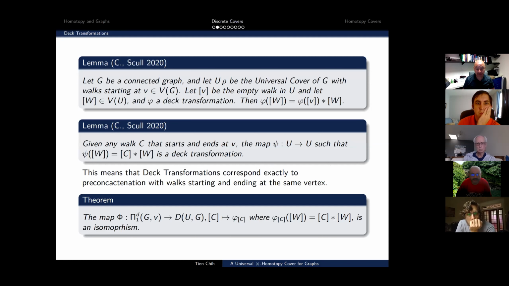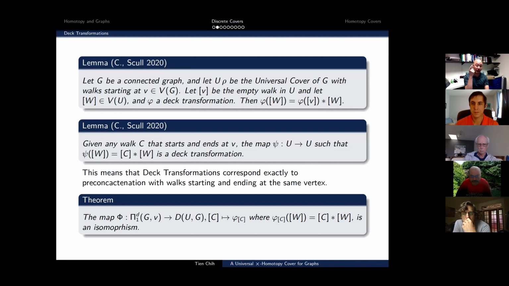And so I'm just going to summarize this slide here. The deck transformations are totally classified by walks that start and end with themselves. So every deck transformation can be expressed as precomposition with a walk, or pre-concatenation with a walk. You just take a walk and you stick it in front of the existing walk.